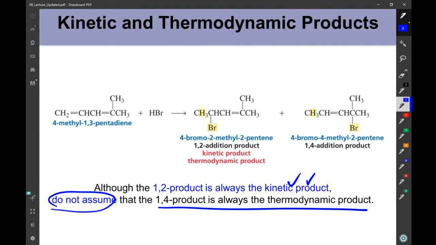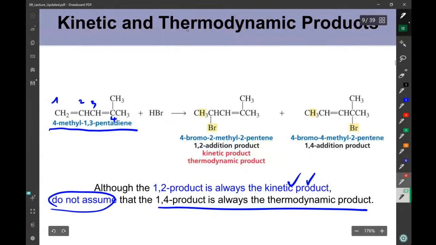Look at the example we have here. We're looking at 4-methyl-1,3-pentadiene. This is our carbon 1, carbon 2, carbon 3, and carbon number 4 over here. Okay, and so when you run the reaction, this over here is the 1,2 addition product, and over here that's the 1,4 addition product.